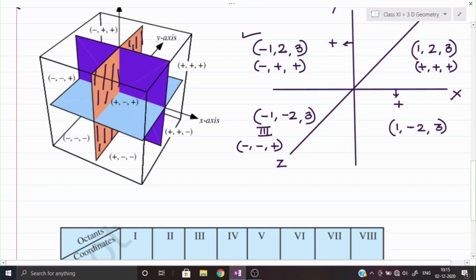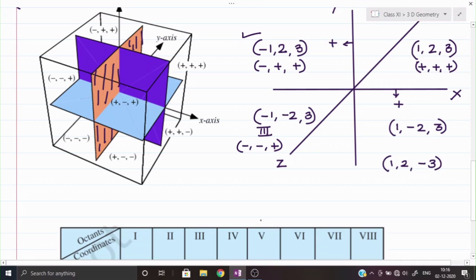Okay, I am talking about the Cartesian plane, and if I take along with that the z-axis positive, then it will lie in the fourth octant. But now see, these 4 I have taken, where everywhere I have taken the z-axis positive. Suppose if I take the z-axis negative, suppose I take 1 comma 2 comma minus 3, then which octant does it lie in?